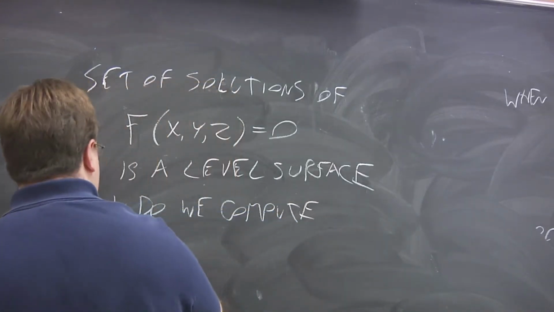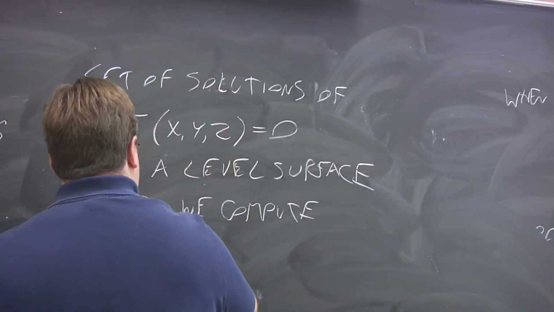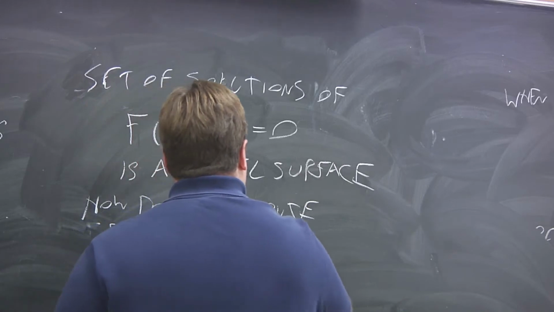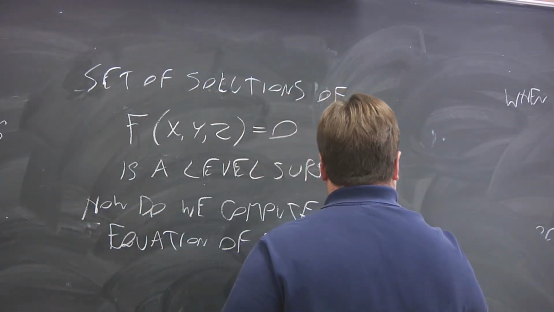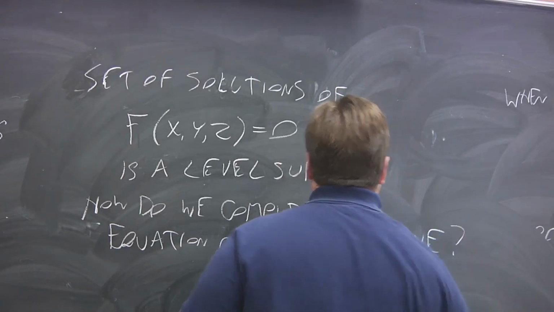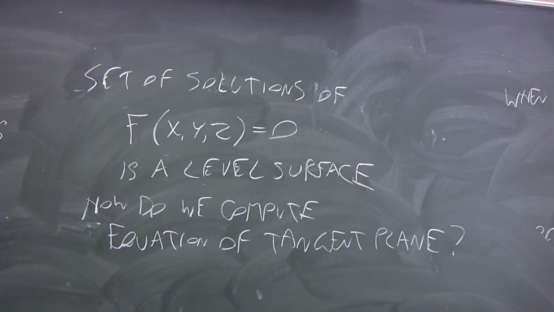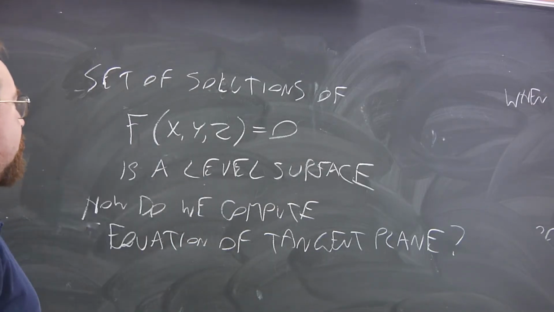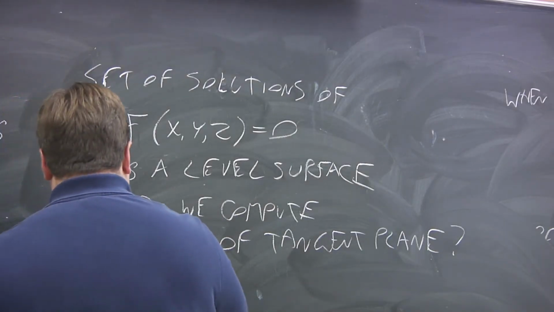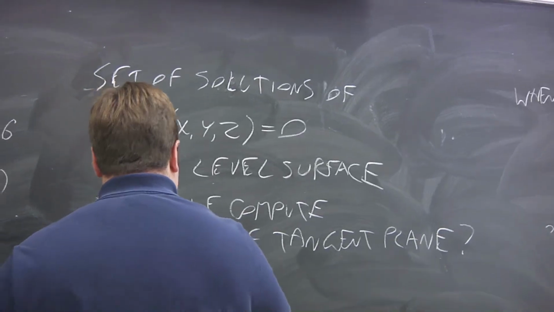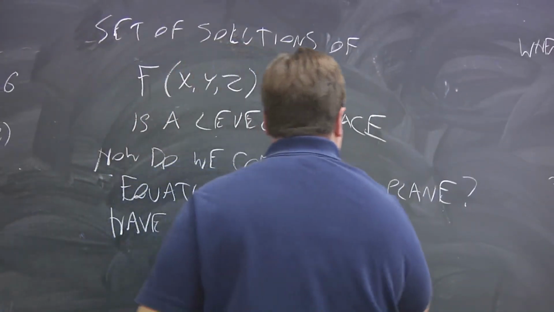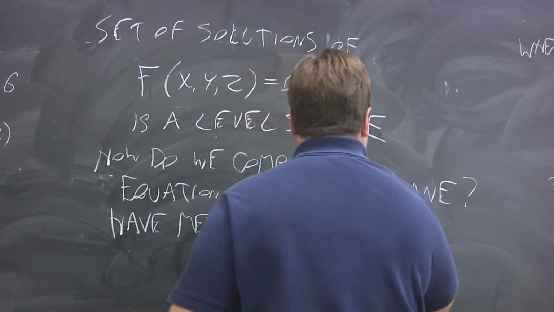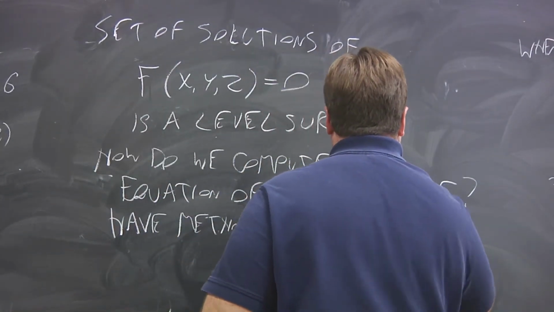Now, how do we compute the equation of a tangent plane? Now we have a way of doing this already, except it doesn't apply when the function is described in this form. So we have a method for a case where z is explicitly defined as a function of x and y.